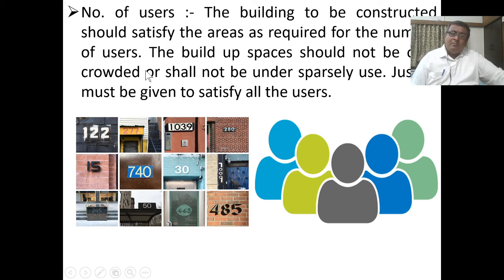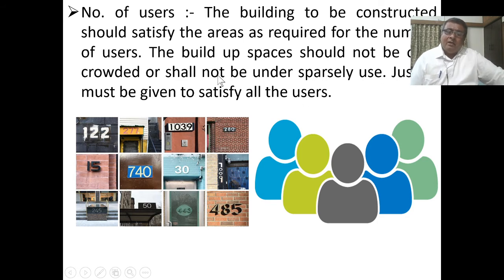So 4 or 5 rooms should be sufficient, other than the kitchen or dining room. The built up spaces, the constructed areas, should not be overcrowded and should not be sparsely used. Justice must be given to satisfy all the users.